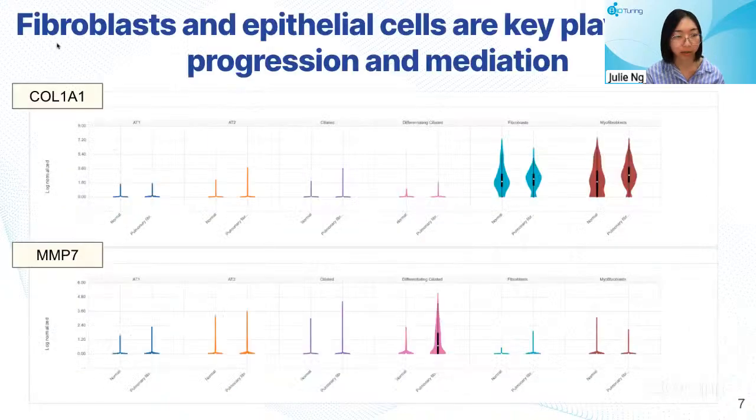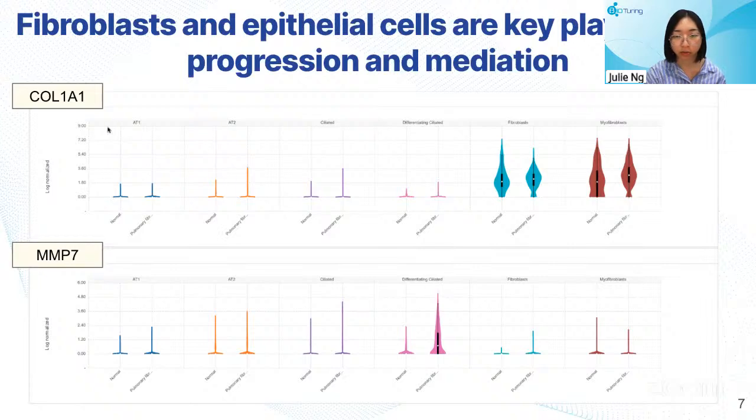In this first analysis, I'm querying for two genes. The first is the collagen gene COL1A1. When we compare these different cell types, the expression of this collagen gene is found mostly in fibroblasts. And MMP7 is a well-known putative biomarker for pulmonary fibrosis, and this is mainly expressed in our differentiating ciliated cells.